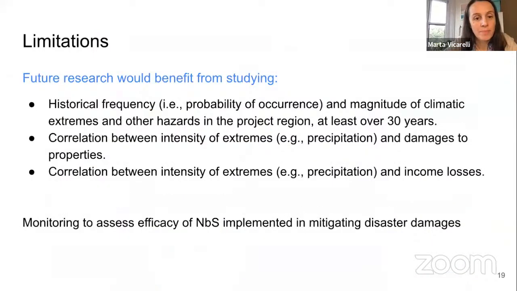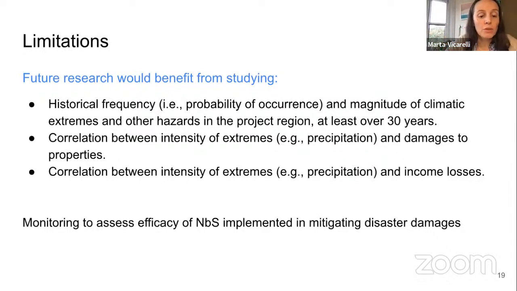Next slide, please. A few words about possible limitations. If we had more time, it would have been wonderful to perform a historical analysis of the frequency and magnitude of climatic extremes in the region over at least 30 years to really capture the climatology. It would have been nice also to be able to analyze the correlation between the intensity of extremes and damages of properties, but this data was not available.